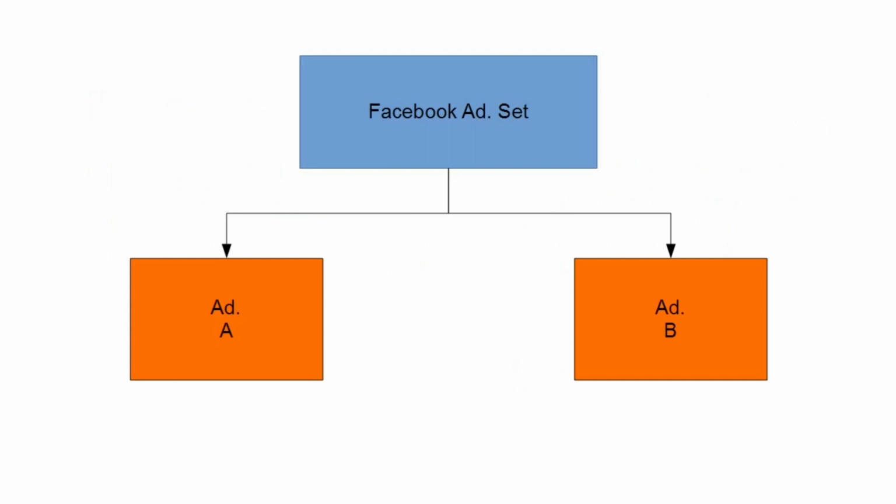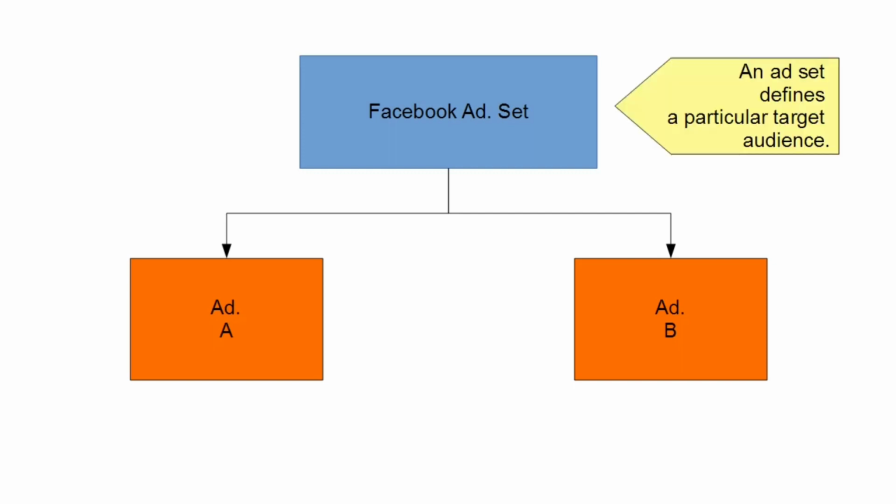First of all, you have your Facebook ad set, and then you have two ads. For the sake of argument, let's call them ad A and ad B. An ad set defines a particular target audience, and it's also used to define your budget, your schedule, and the bid type.